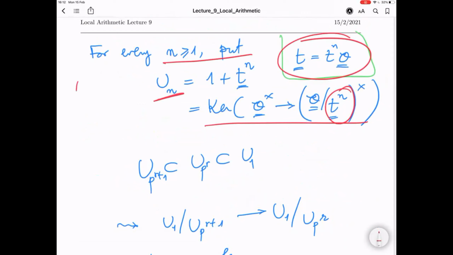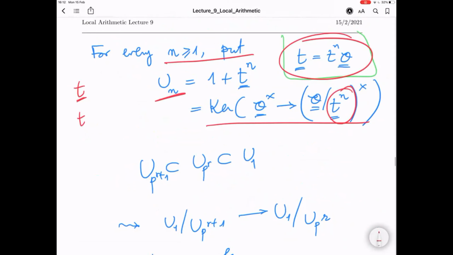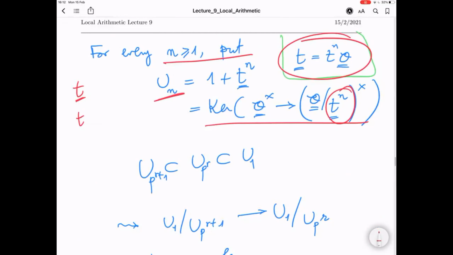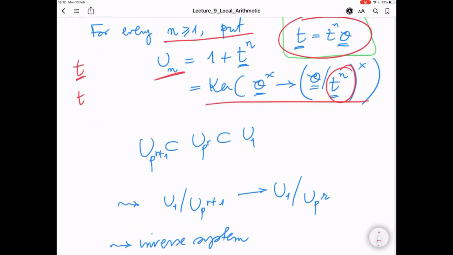The ideal t is denoted like this, and the indeterminate t is just denoted like this. So you have Un for every n, and I want to claim that in some sense U1 is the inverse limit over r of U1 modulo U_{p^r}.